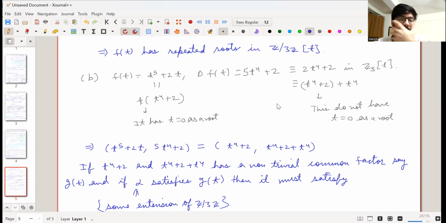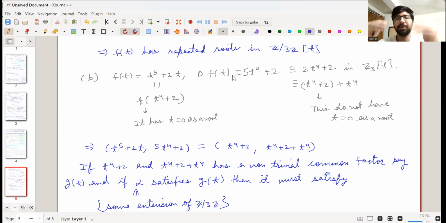If this polynomial were considered as a polynomial over Q, then definitely we could apply the Eisenstein criterion here. Here a0 is 0, so whatever prime you take, its square will definitely divide 0. So the Eisenstein criterion does not apply directly to this polynomial, since T is a factor of it.